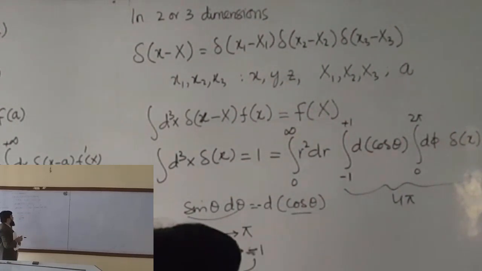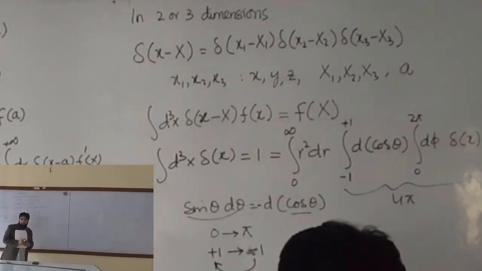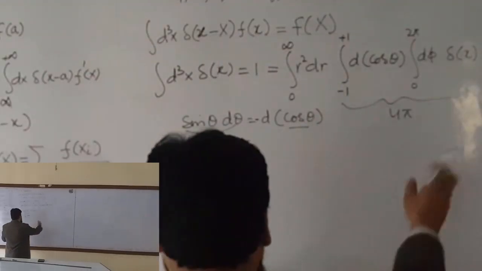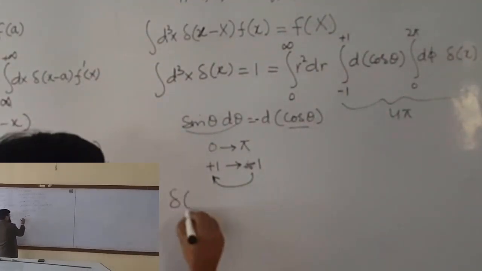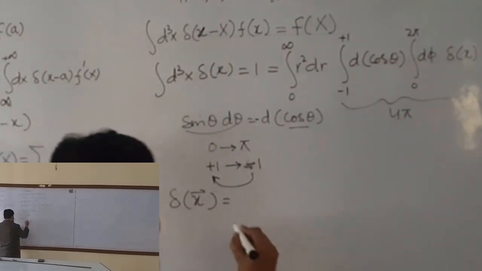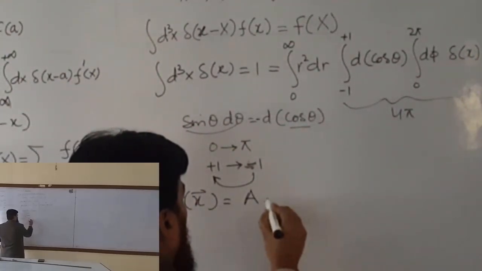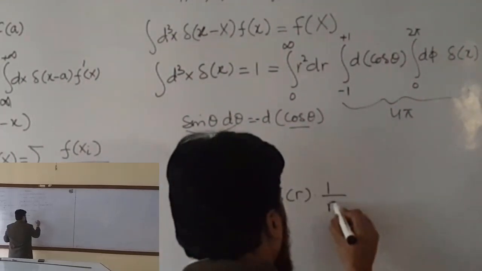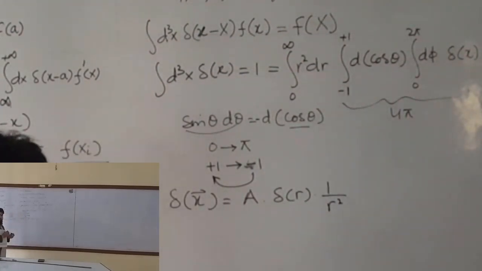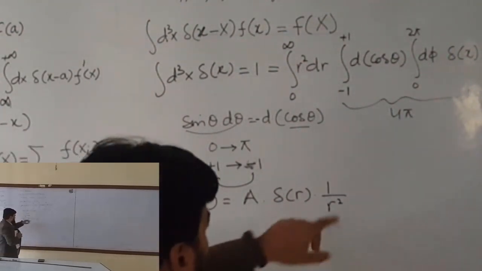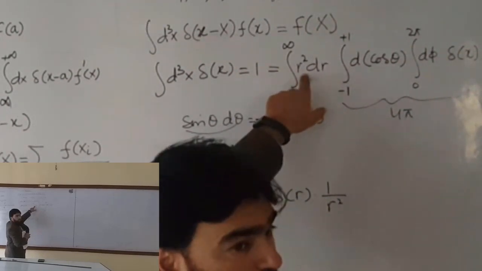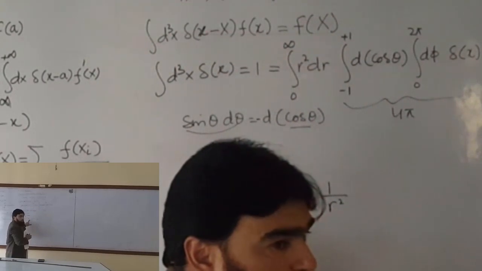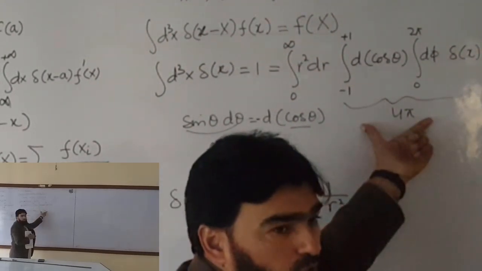It means in order to balance the dimensions of this, I should have my delta function like this: delta of x is equal to A times delta r and 1 over r squared. Now look, 1 over r squared will actually manage this r squared, and this constant will manage this solid angle.